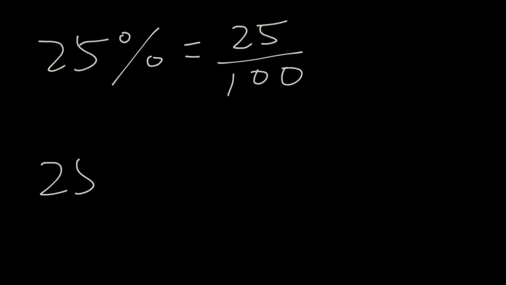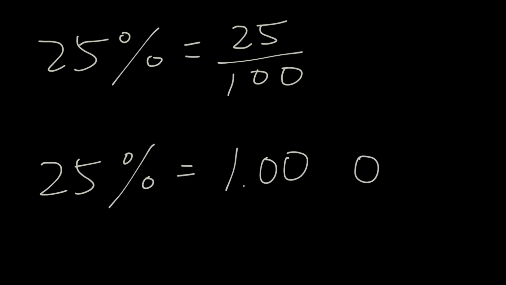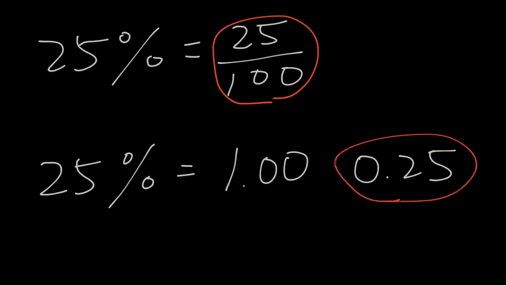Now, to convert 25% to a decimal, 1.00 is 100%. So 25% would be 0.25. Therefore, 25% can be rewritten as 25 over 100 or 0.25.